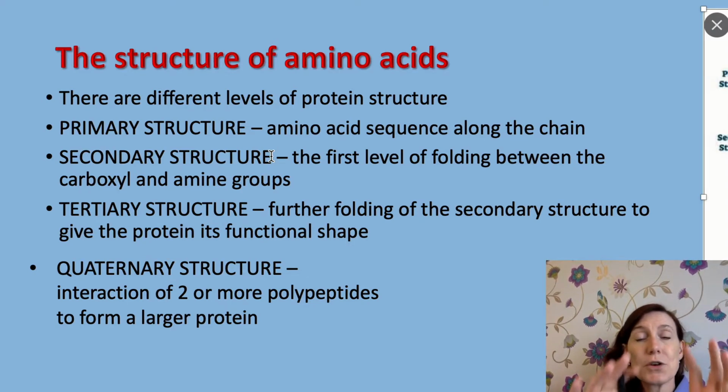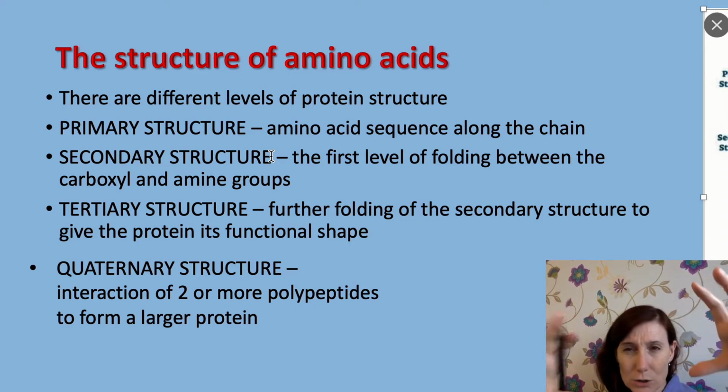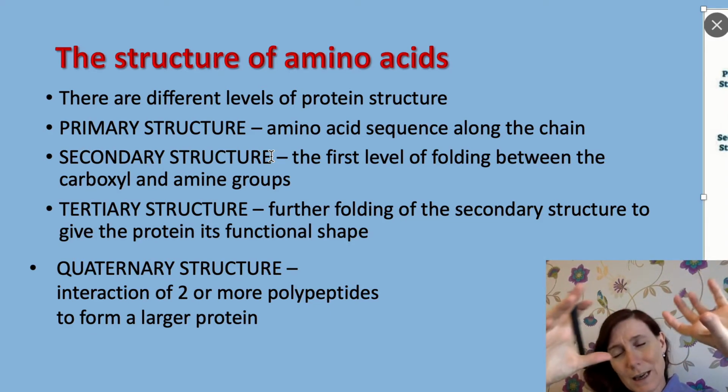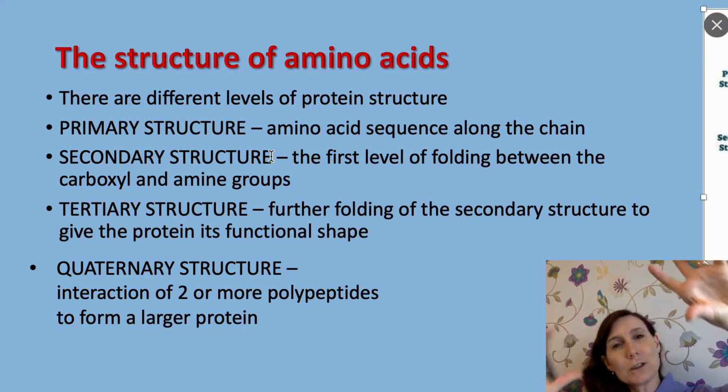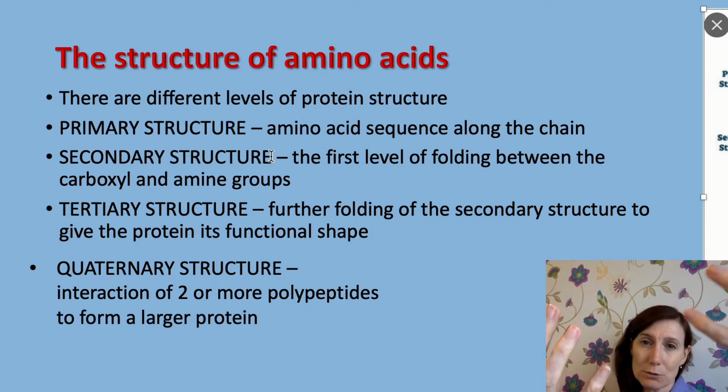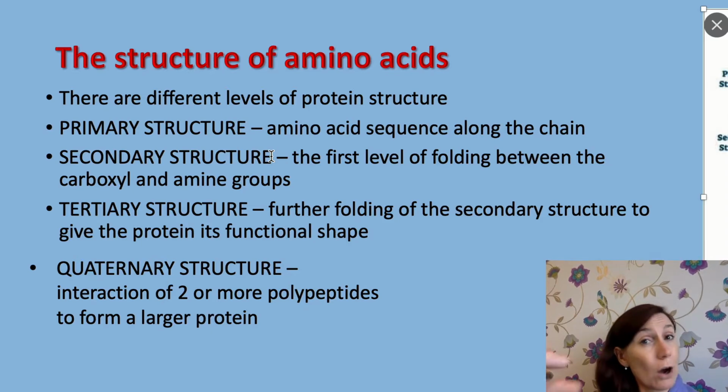Then we've got the next level. Once it's started to fold around, we get different shapes, and then those different shapes need to fold around themselves, and how they then fold around to give the 3D structure of the whole protein, that's called the tertiary structure. And we'll talk a little bit about the bonding that holds both the secondary structure in place and then the tertiary structure in place.